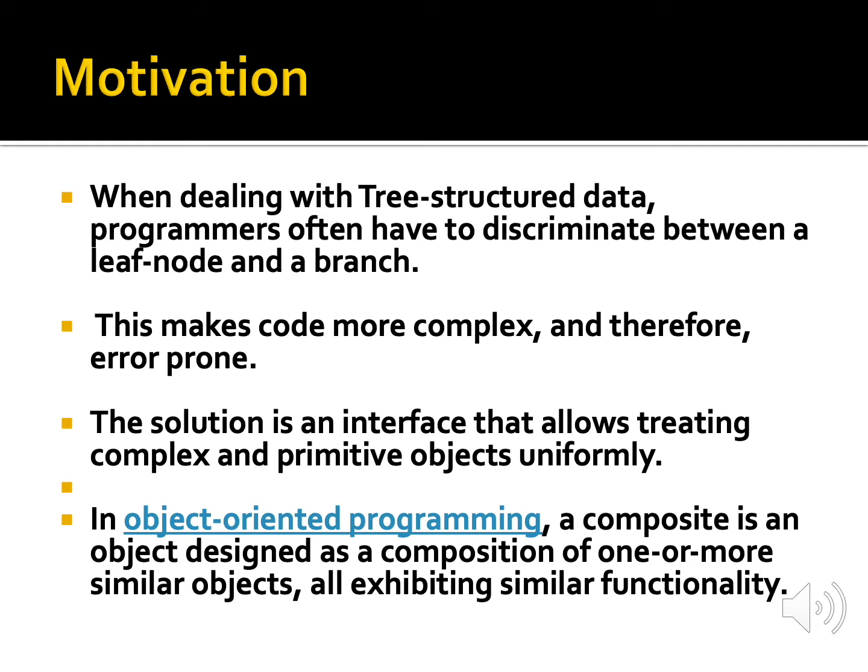So the solution is very simple: you can use an interface that allows treating complex as well as primitive objects uniformly. In object-oriented programming, a composite is a composition of one or more similar kinds of objects, all exhibiting similar functionality. Why do they exhibit similar functionality?